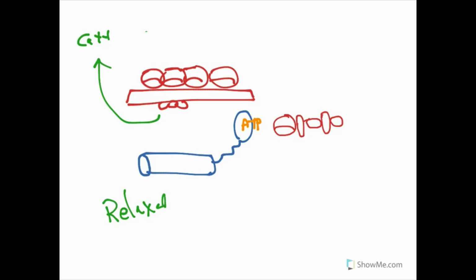And then you're going to go to a conformation like this, with the active sites covered back up because calcium is bound to this troponin C. With all the calcium on your troponin C here, it's going to go back to its relaxed state. And so this is why the decrease in calcium causes relaxation, and an increase in calcium causes contraction.